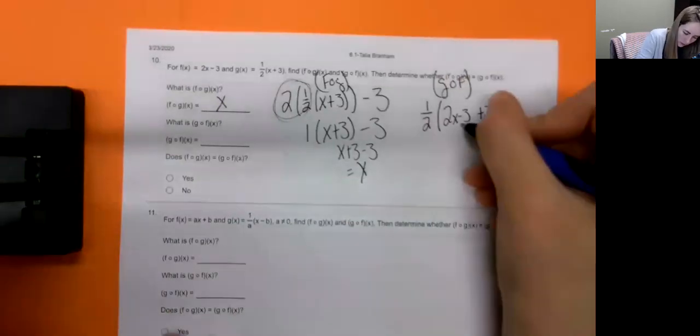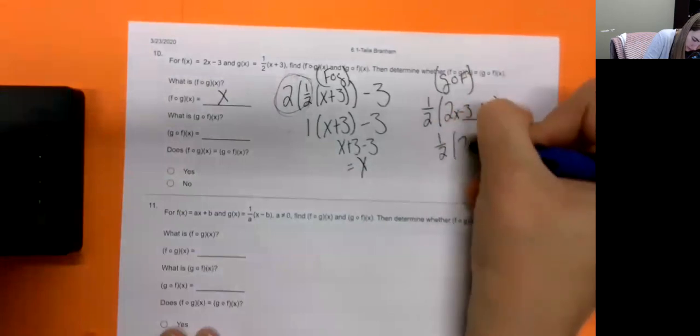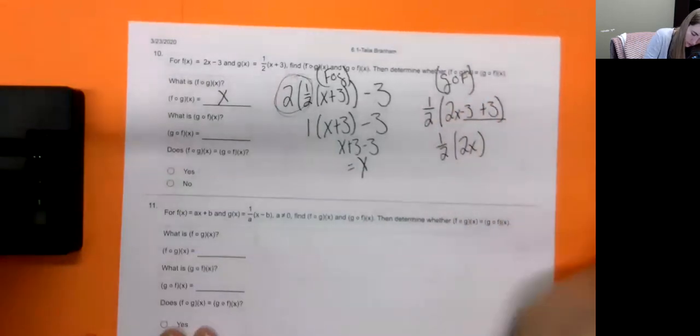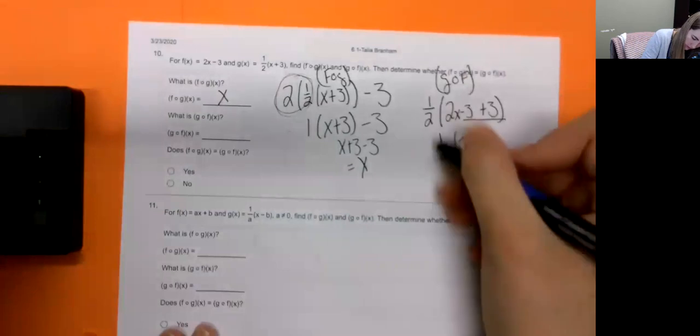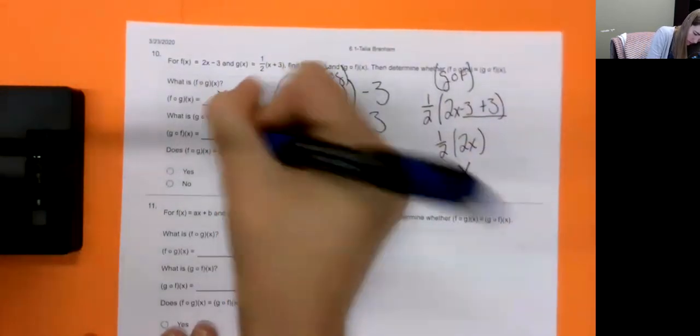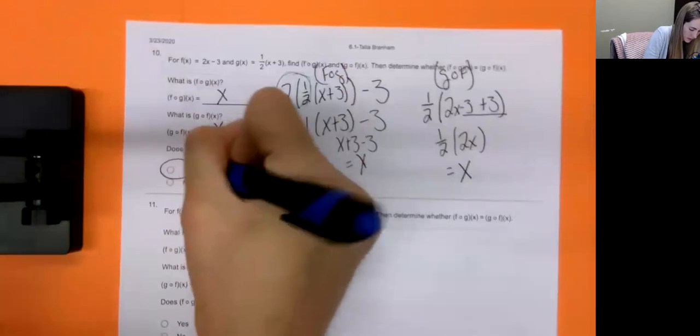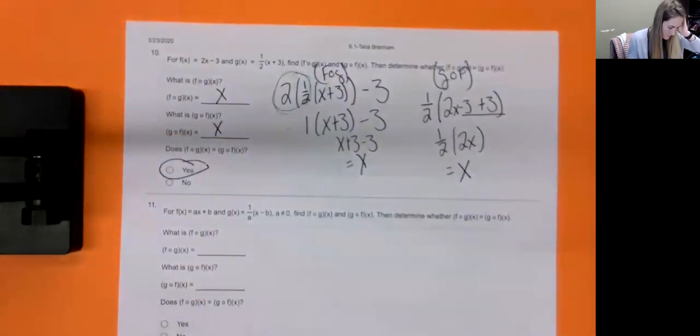On this one, I'd go ahead and combine my like terms in the parentheses. So I'd have 1/2 times 2x, because negative 3 plus 3 would be 0. 1/2 times 2 would be 1. And then they asked down here, does f of g of x equal g of f of x? And it is yes, because they both equal x.